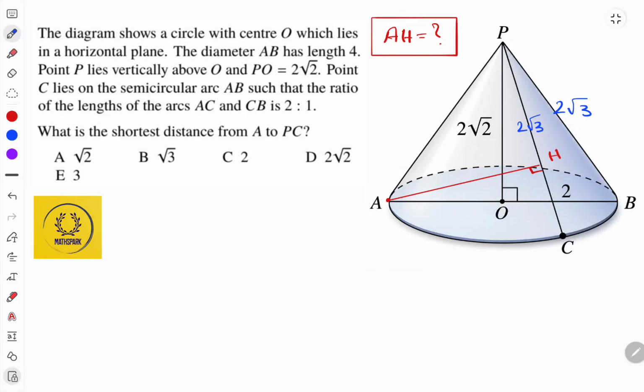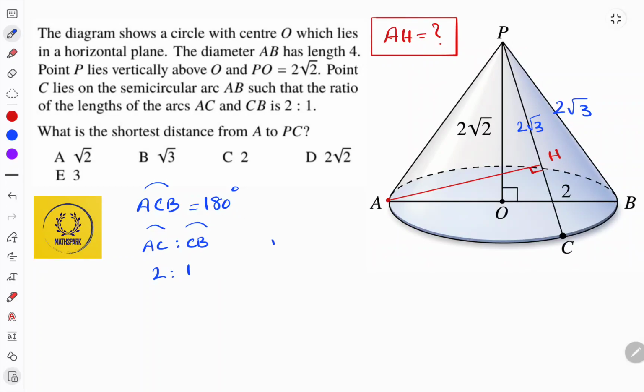And now we know that AB is the diameter of this circular base, which means that the arc ACB is 180 degrees, okay? And we know that the ratio of AC to CB is 2 to 1.